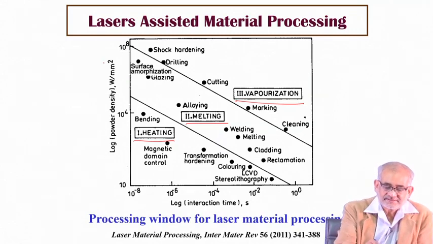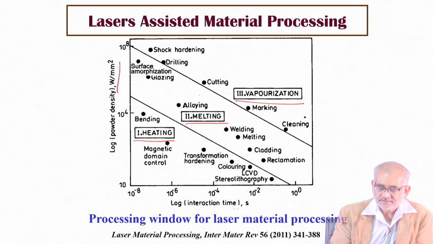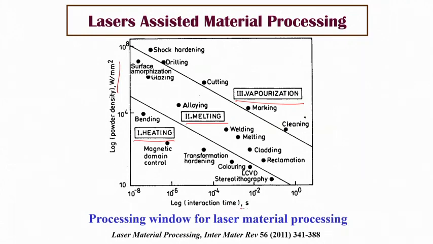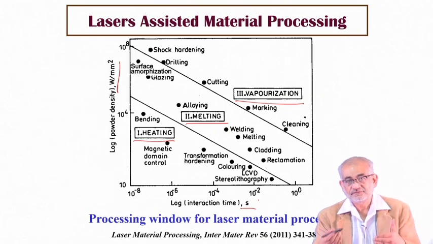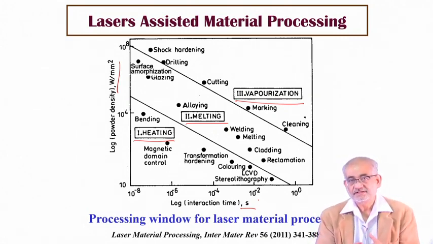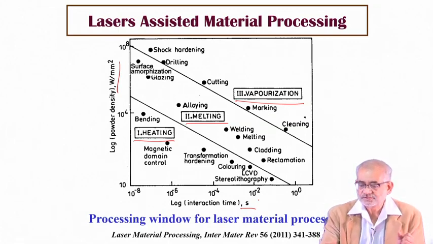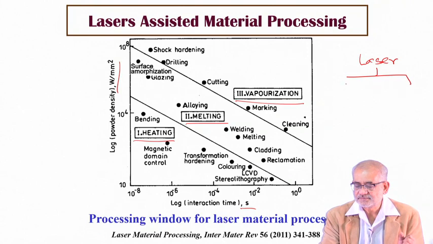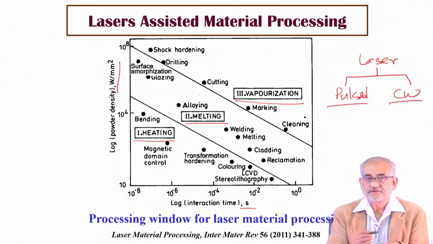On the Y axis we have power density, watt per millimeter square, and on the X axis we simply have interaction time. Now I should have mentioned that in the way we generate laser and extract laser and then make use of it, there are two possibilities. Typically, laser is applied for material processing in either of two forms. One is the so-called pulse mode, the other is called the continuous wave mode.